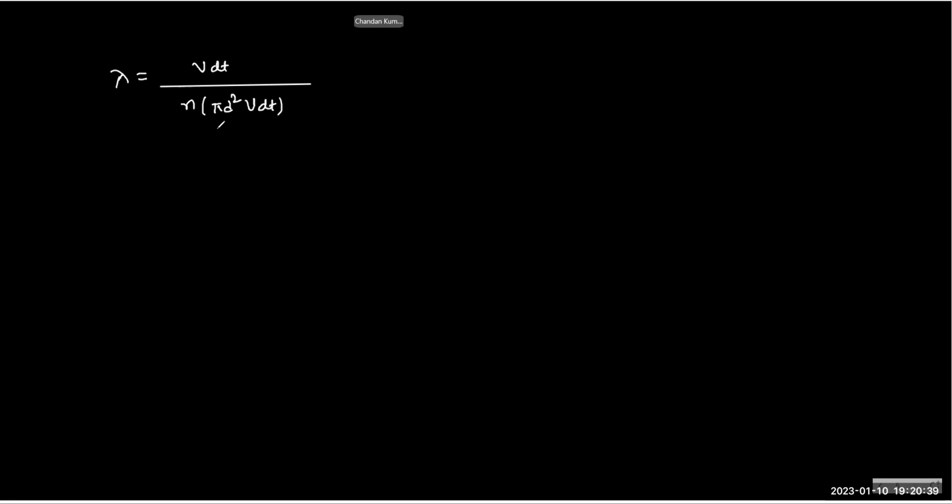So what is the average separation between these molecules? The answer is 1 by n pi d square, where d is the diameter of the molecule and n is the molecular concentration. But this answer is not correct. It is called the empirical relation.